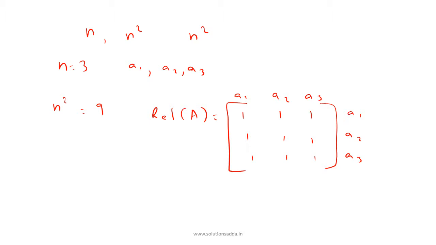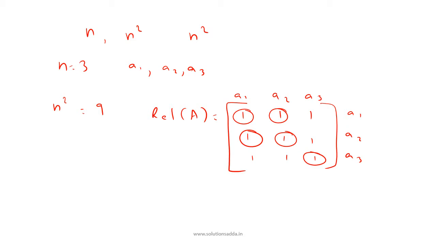A1 is related to A1, A2 is related to A2, and A3 is related to A3. So the reflexive property is satisfied. Similarly, for the symmetric property, A1 is related to A2 and A2 is related to A1. All these properties, reflexive, symmetric and transitive, are held by this relation.